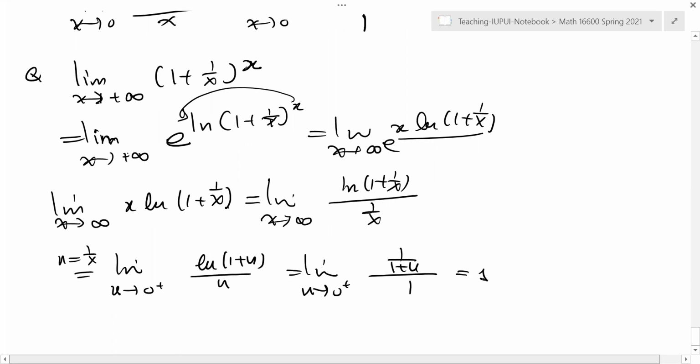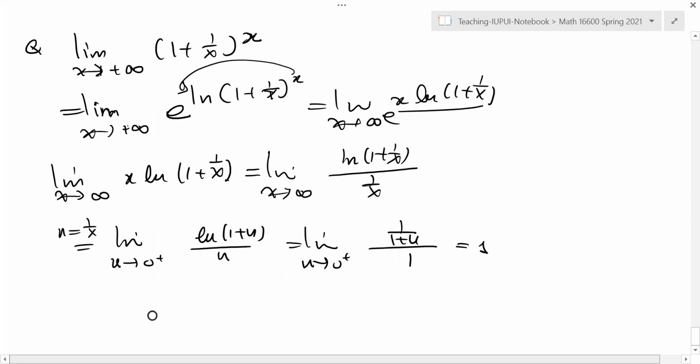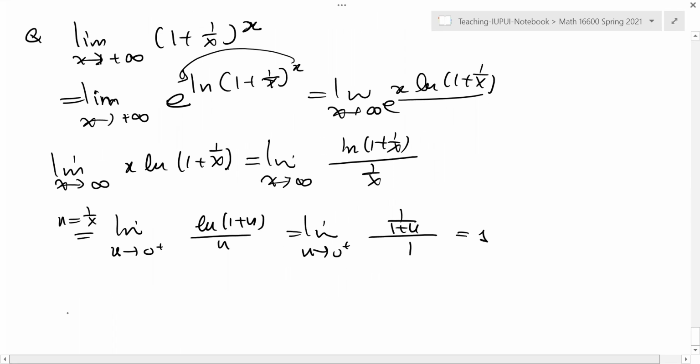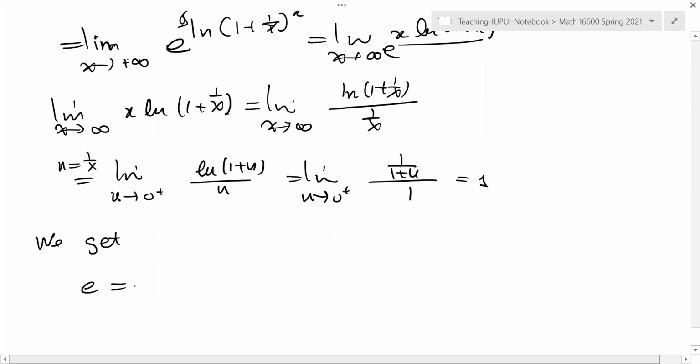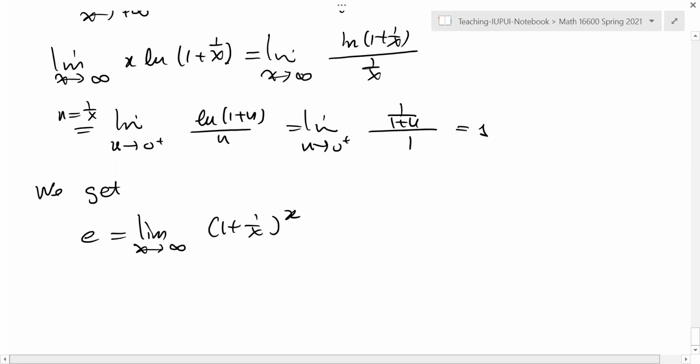So the answer is 1, then what do we get? We get the following important identity: e equals the limit as x approaches infinity of (1 plus 1 over x) to the x. This is how we approximate the number e.